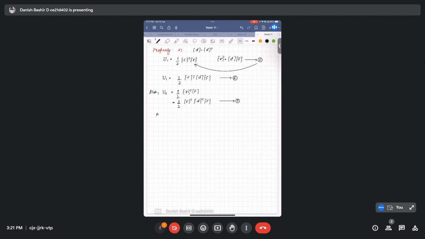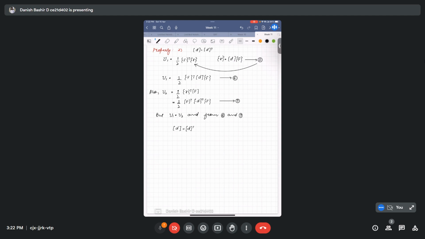But we again know that u1 will be equal to u2, and from 6 and 7 we can write d is equal to d transpose.